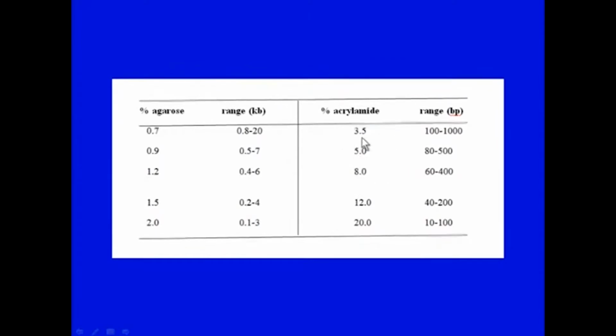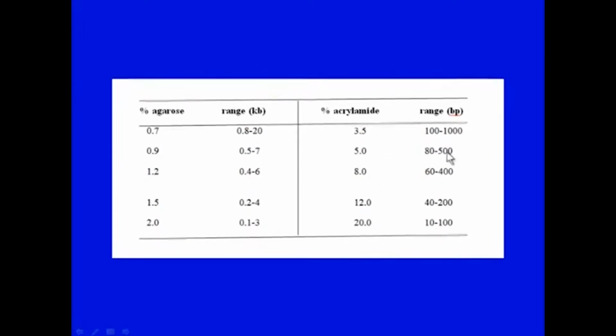In acrylamide, where the pore size is much smaller as compared to agarose gels, you can see 3.5% acrylamide could be used for only very small fragments, like 100 to 1000 base pairs. When you increase the percentage of acrylamide to 5% and up to 12 or 20%, the size of the oligonucleotides which can be separated also becomes smaller.